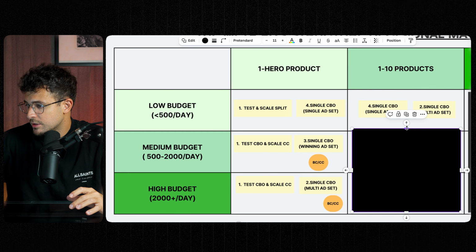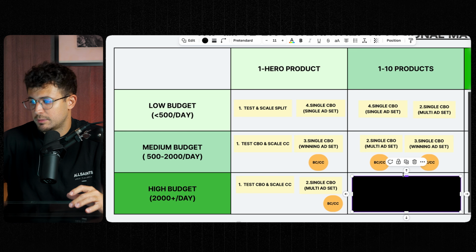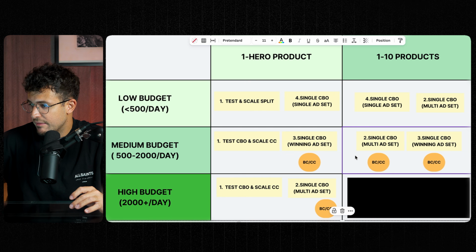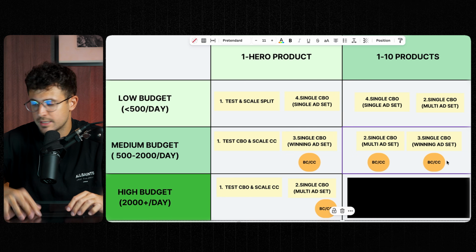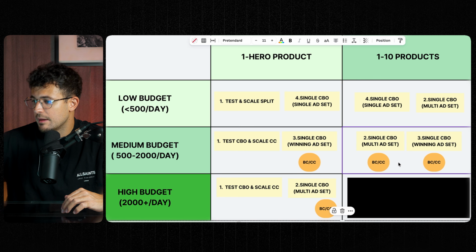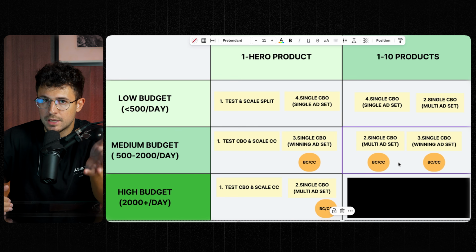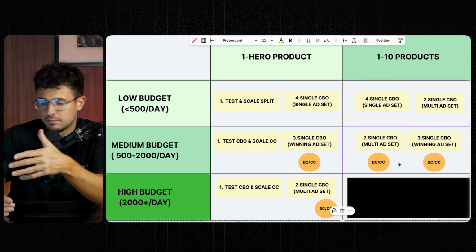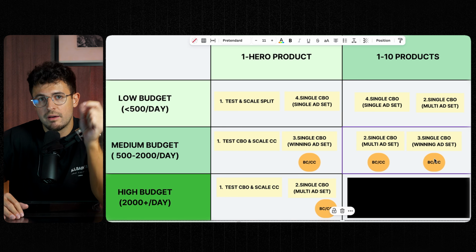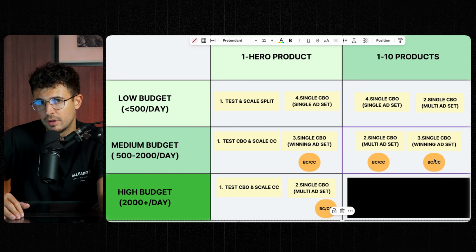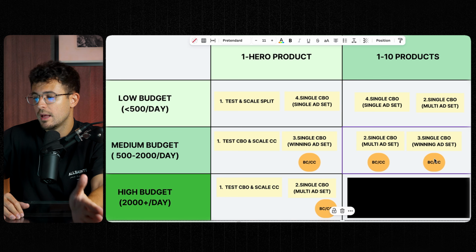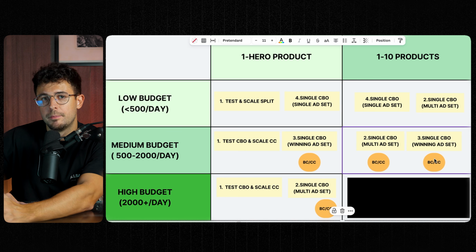Then medium budget, you ideally want to start focusing on the best performing product here, but here you're going to have a single CBO setup, multi-ad set, or single CBO setup, winning ad set. And at the same time, you want to have a bid cap and a cost cap running. In this case, ideally you want to have a bid cap or cost cap for the best product. Let's say in this case there are 2 products, then you want to have a bid cap or cost cap for product number 1, and another bid cap or cost cap for product number 2.